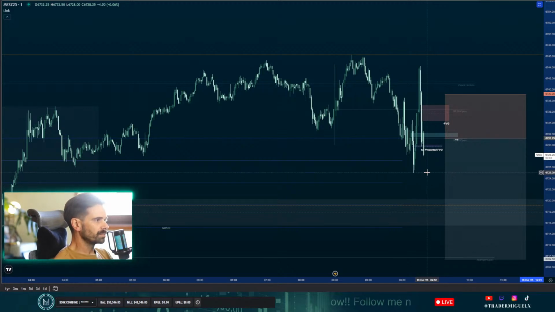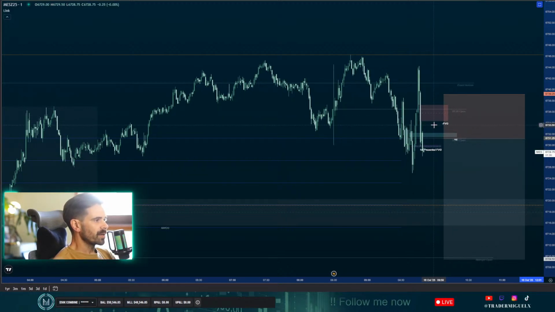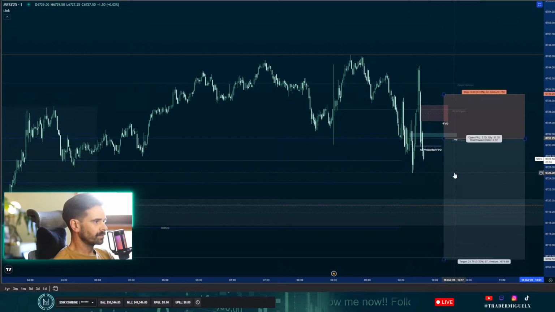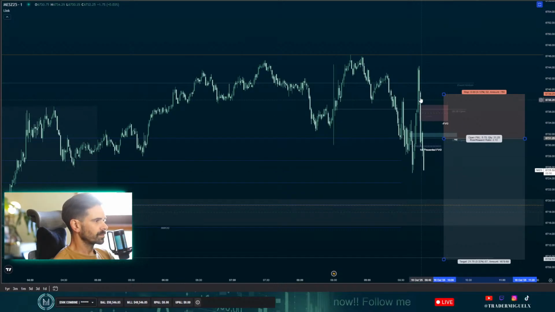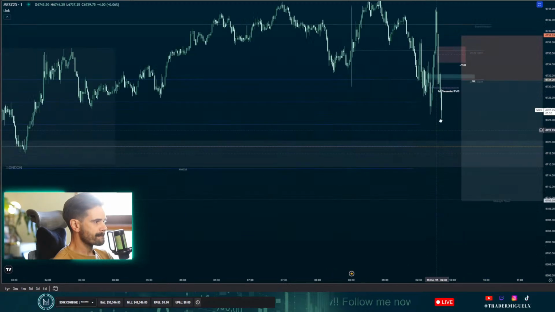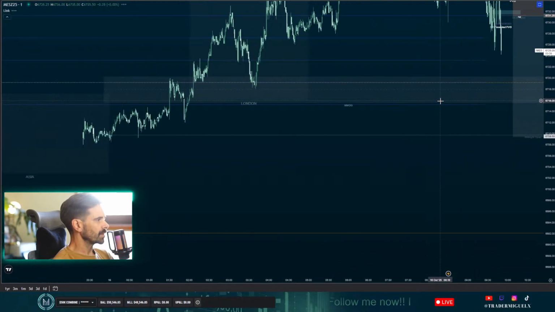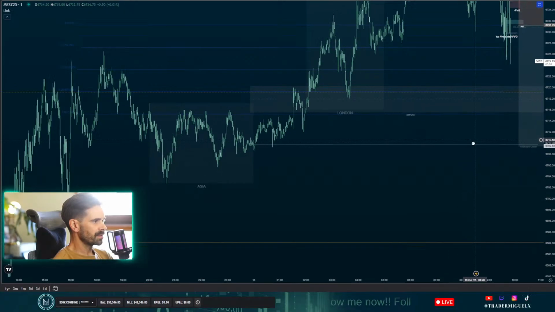Let's see if it will stay open. So far a nice read from price. So price reacting right away after taking previous day high on NQ. Now we just needed an entry, some form of an entry. Yeah, London lows are here, Asia lows are here.